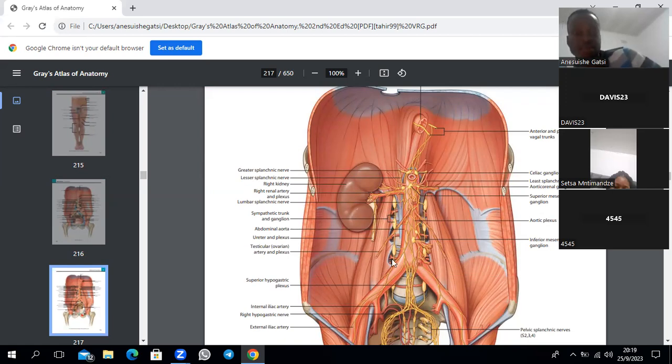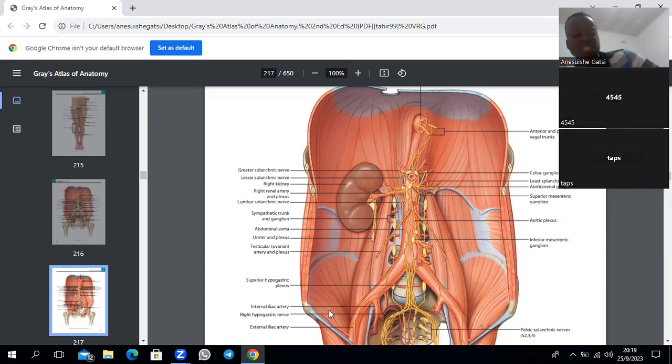Why are we calling it lumbar? So the lumbar sympathetic, I think you can see here, it's on either side of the lumbar vertebra. The aorta in the middle there is sitting on the lumbar vertebra. So this is your sympathetic chains here. Right? You can see that they run vertically downward on the bodies of your vertebra in that region.